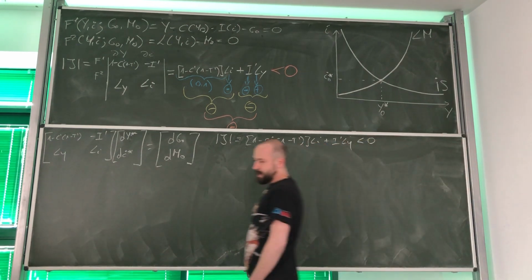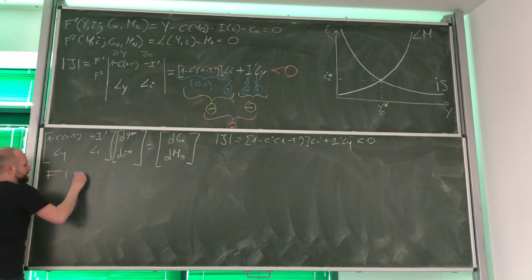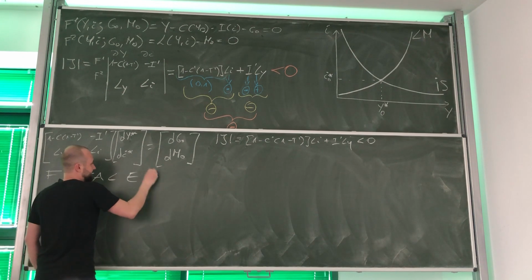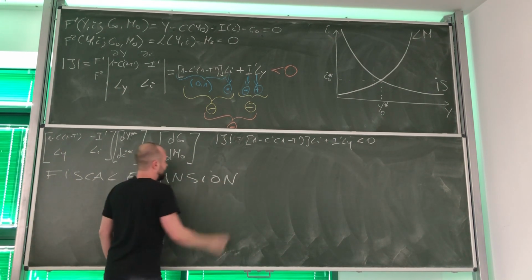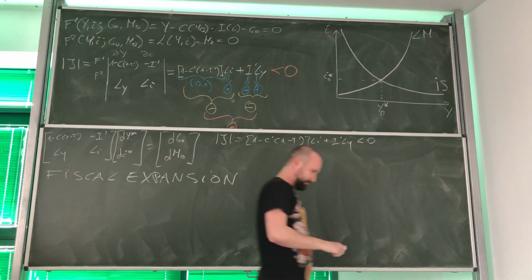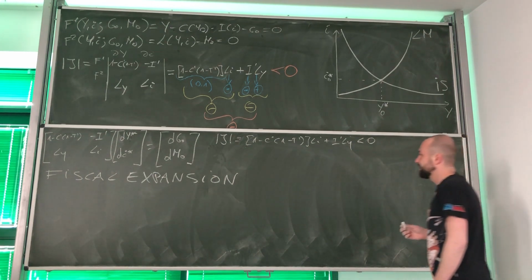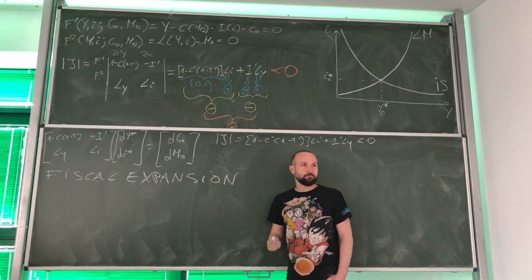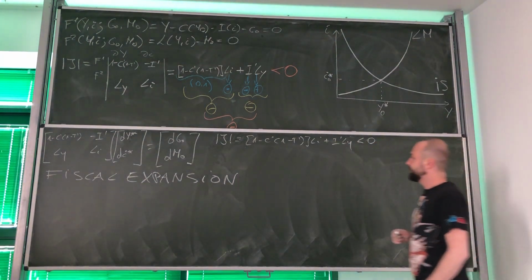Okay, let's just say now that I want to know what are the effects of fiscal expansion. Look, we are using the same tricks that we used previously. What do I mean by that? If I want to assess the effect of fiscal expansion, what should I do first?